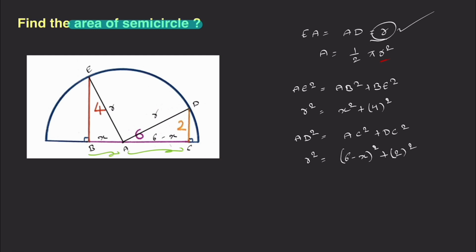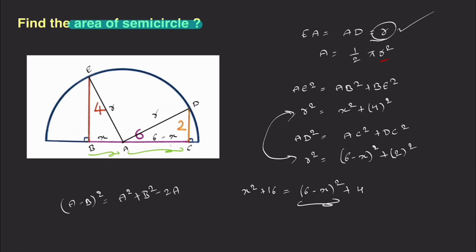Now can we equate both these equations, because both the hypotenuse are equal, which is equal to R square. So x square plus 16 is equal to 6 minus x whole square plus 4. Now can we expand 6 minus x whole square as a minus b whole square, right? We know a minus b whole square is equal to a square plus b square minus 2 times ab.